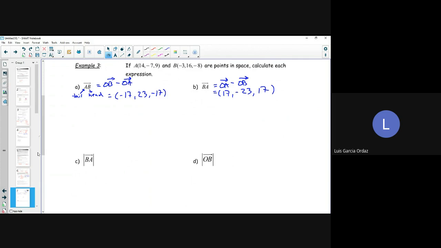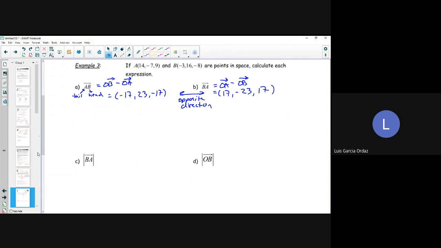Opposite. So these two are going in the opposite direction, which is why vector AB or vector PQ is not the same thing as vector QP, because they do not give us the same resulting vector.